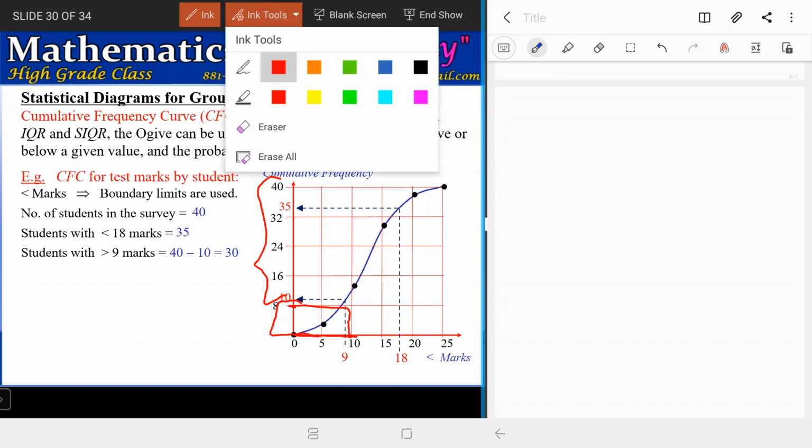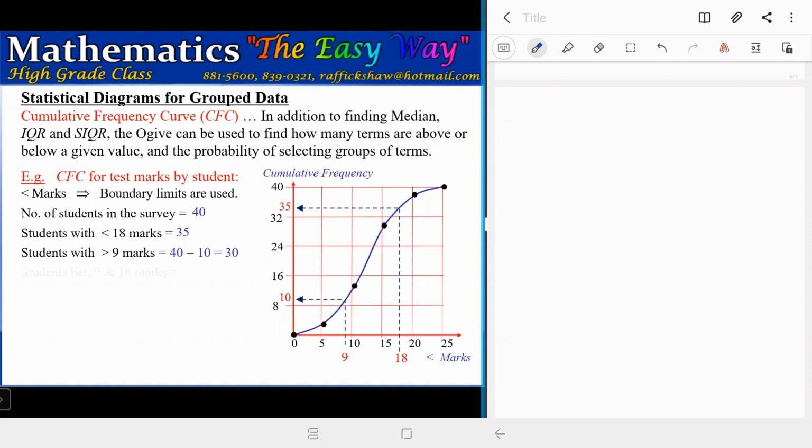All right. Next question. The number of students who score between 9 and 18 marks, approximately. Okay, I'll find how many students score between 9 and 18 marks. Sir, just minus the 10 from 35. Oh, yeah, that's it.